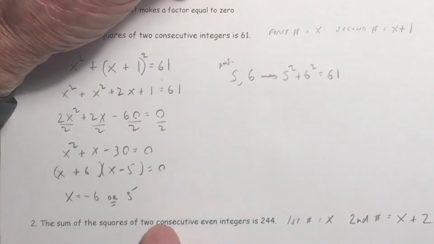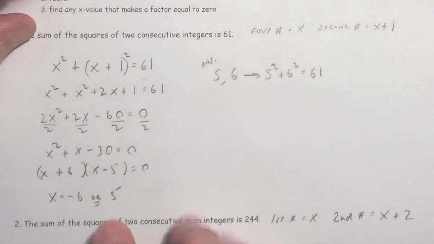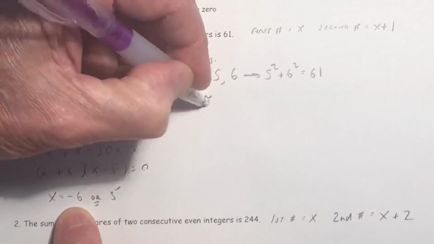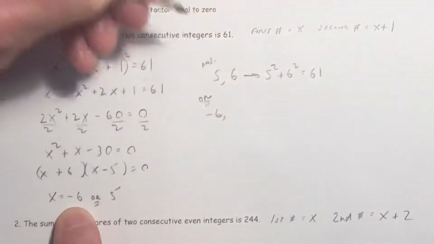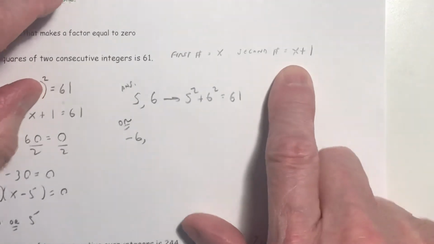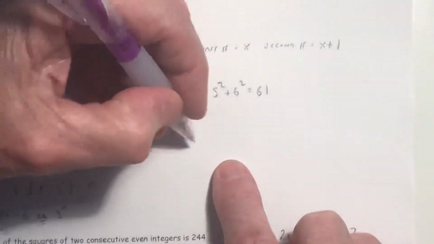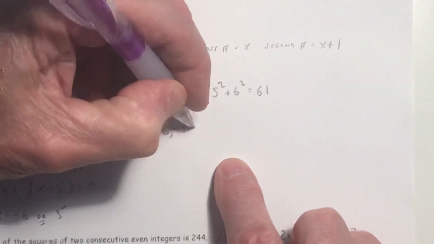What's kind of interesting is that the negative 6 also works. So if we say negative 6 is the first number, what's the second number? The second number is the first number plus 1. Negative 6 plus 1 would be negative 5.